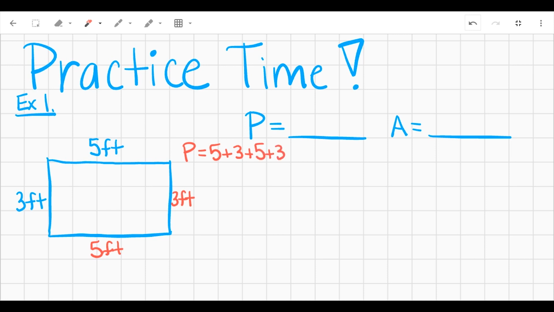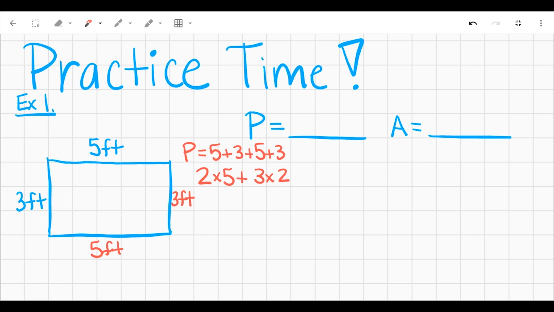And if we add that together, or we think of that as 2 times 5 plus our 3 times 2, or 2 times 3, because we know that with multiplication, we can have 2 times 5 or 5 times 2, and we can have 3 times 2 or 2 times 3, and we're going to get the same answer.